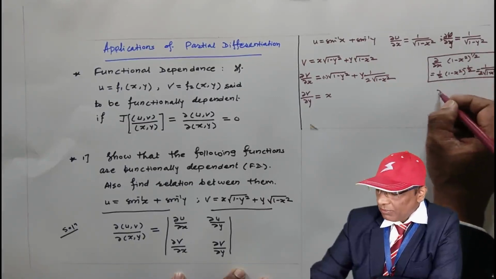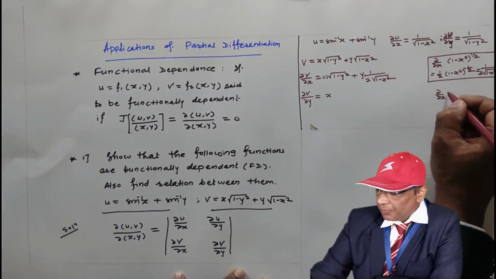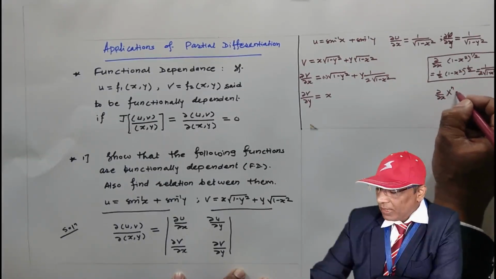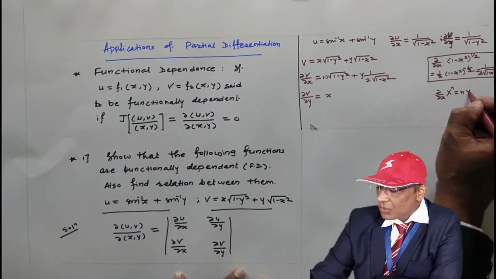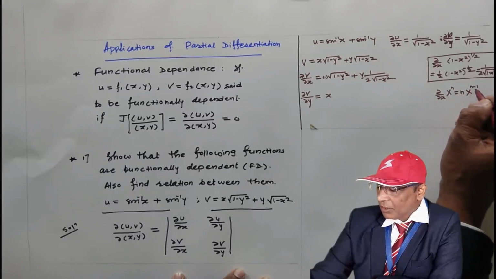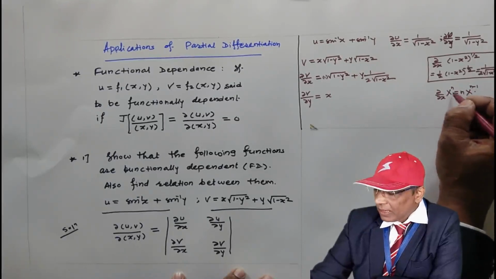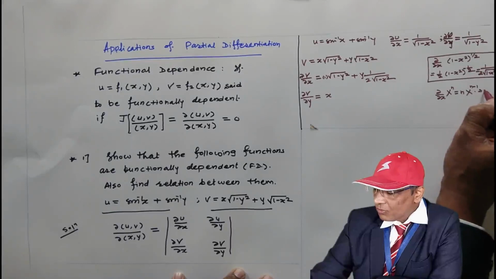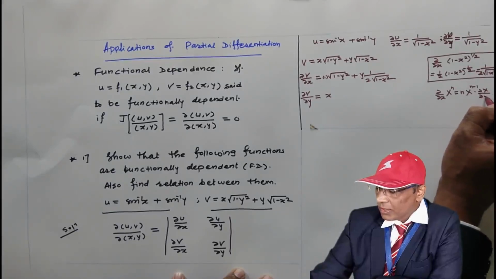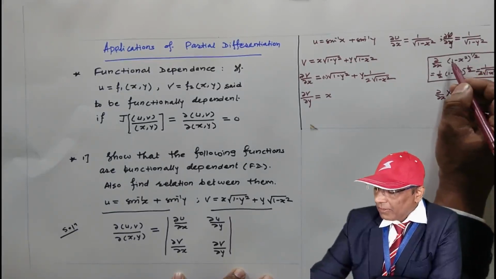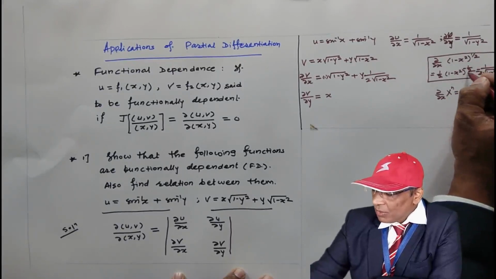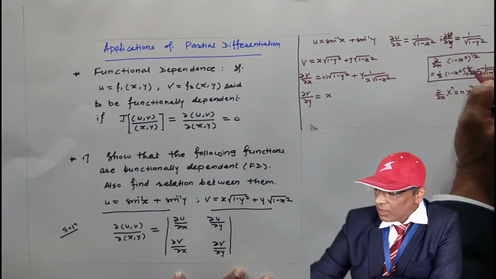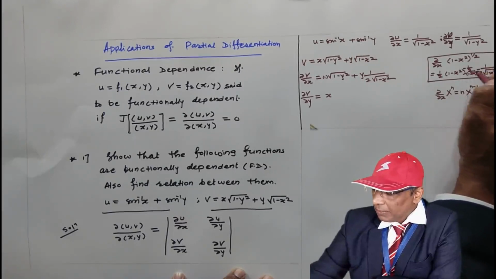The derivative of x to the power n is n x to the power n minus 1. So one more thing I left here: the derivative of this argument, again I have to write with respect to small x, and the derivative of 1 minus x square is what? Minus 2x I have to write here, minus 2x.